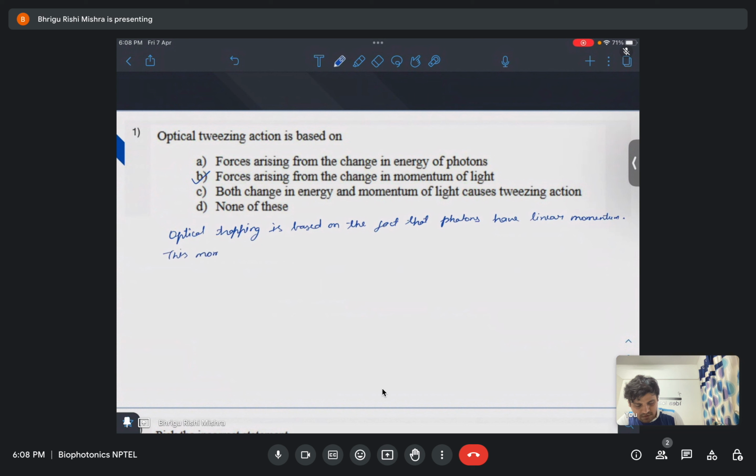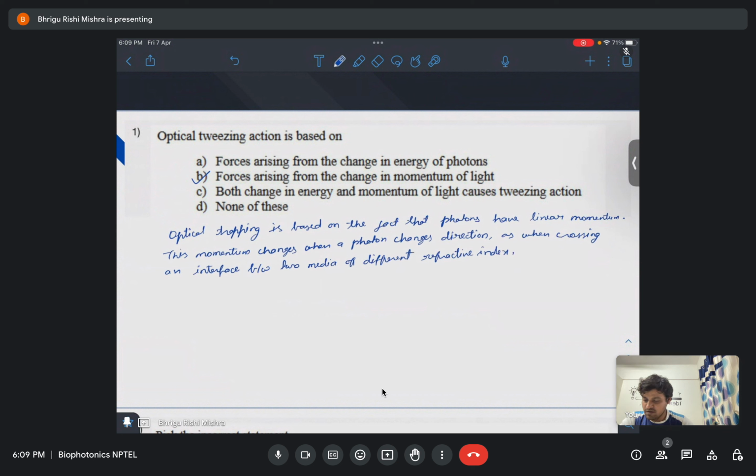This momentum changes when a photon changes direction, as when crossing an interface between two media of different refractive index.